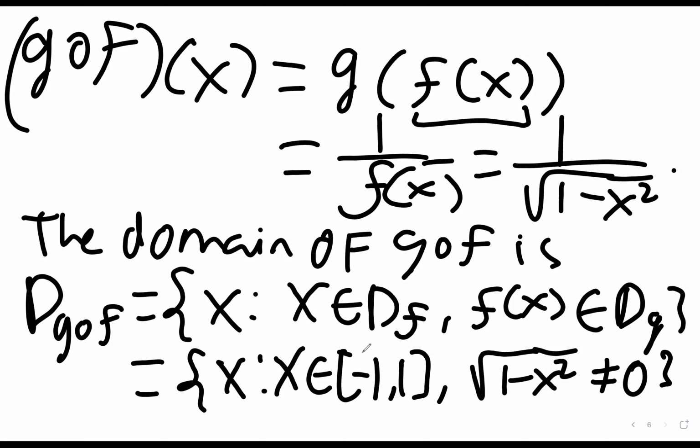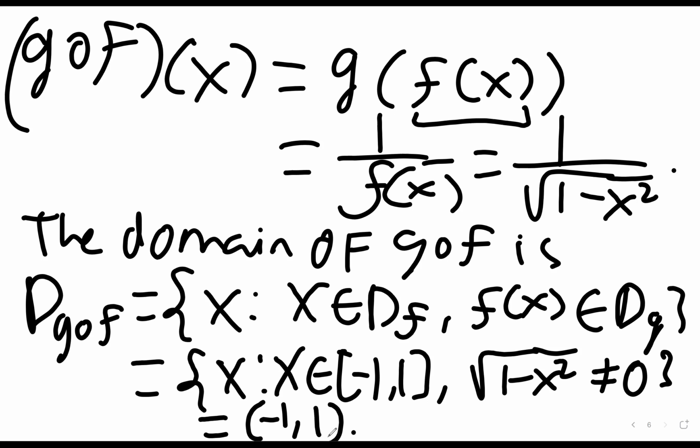Okay. So the solution of x squared minus 1 equals 0 is x equals minus 1 or x equals 1. So in this case, the interval will be (-1, 1). Okay, so that's the domain of G composite F.